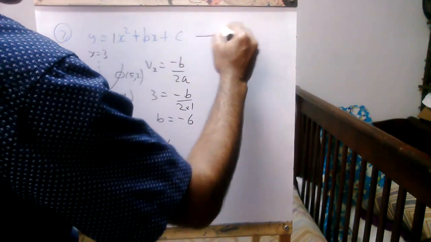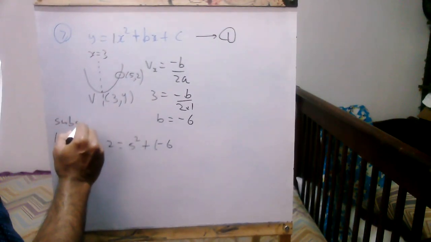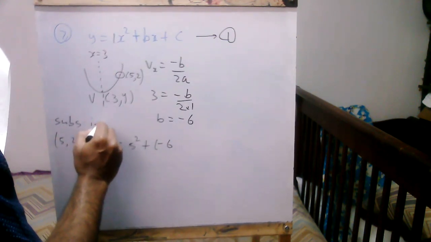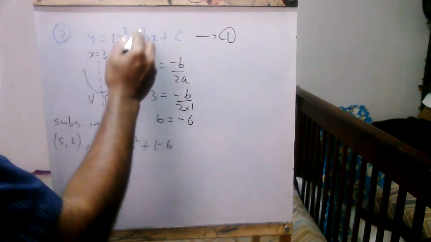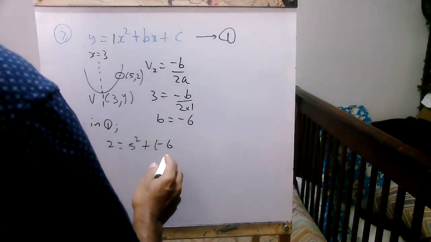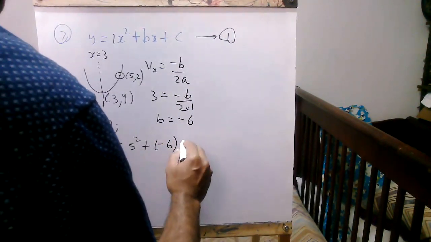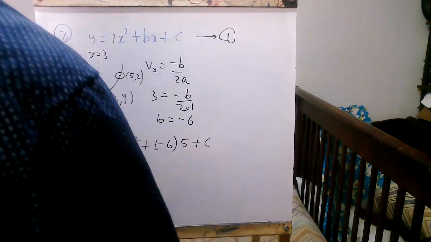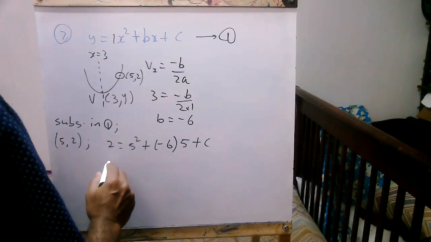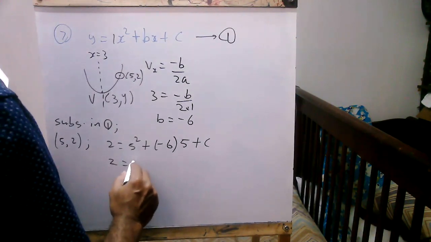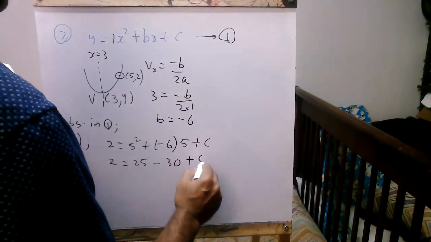Okay. Clear. I write, substitute in 1. Right. b we found negative 6, x is 5, plus c. 25 minus 30 plus c.